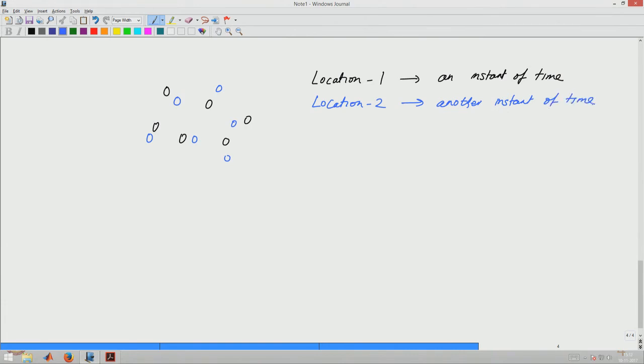Now, if I look at the displacement of each and every particle, I can look at what each and every particle has displaced by.